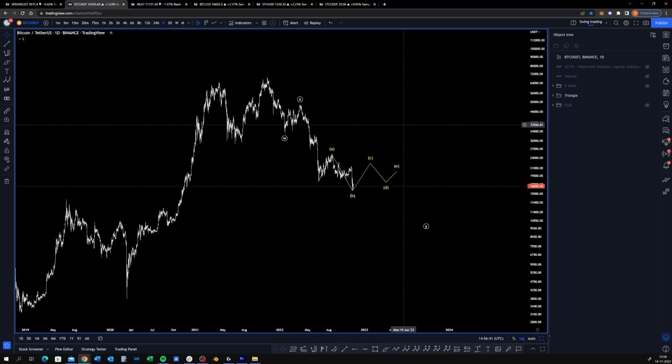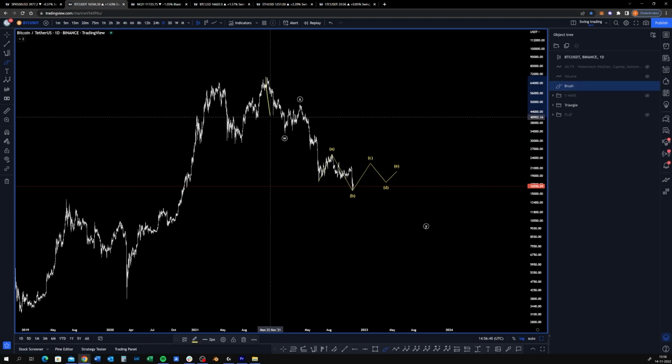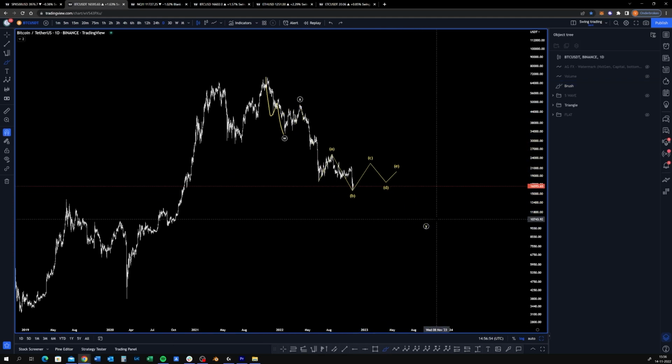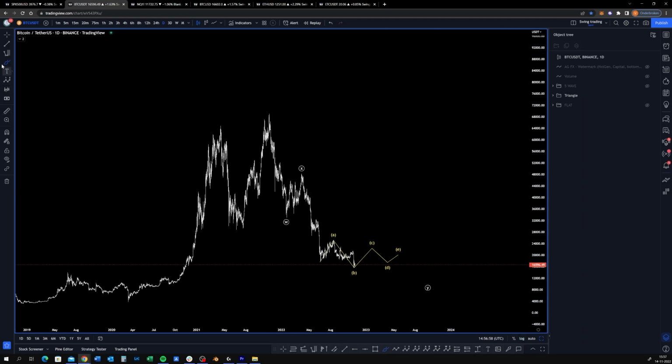Then there's the second possibility of this being a double zigzag. So zigzag into the W, a correction, and another zigzag. Well, this looks out of proportion. Yes, it is in log scale, but if you go to linear scale, it's quite proportionate.